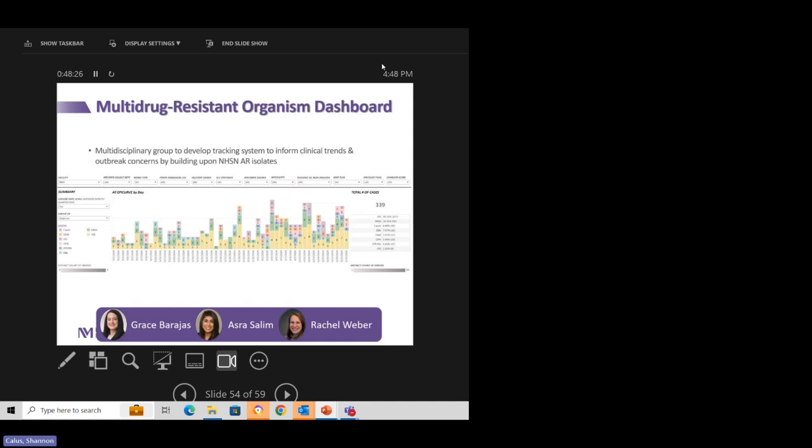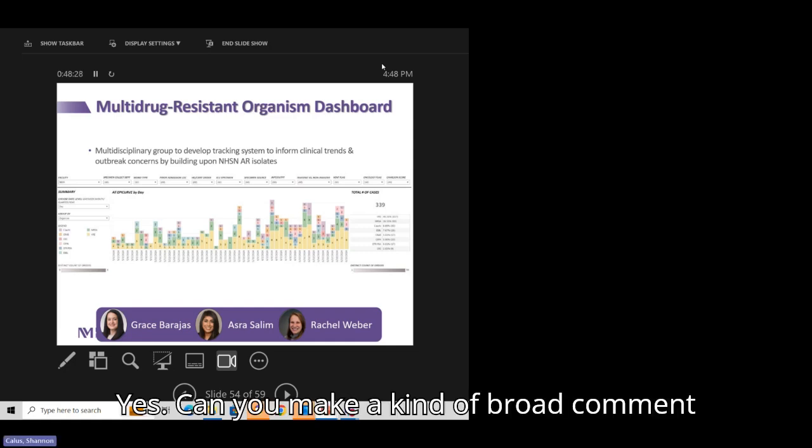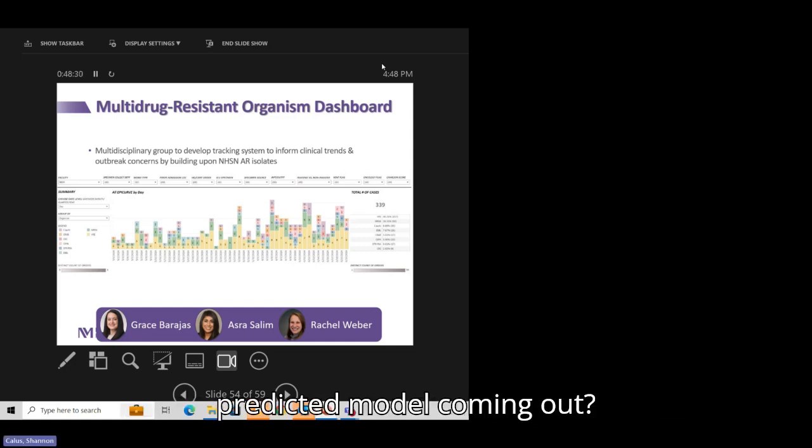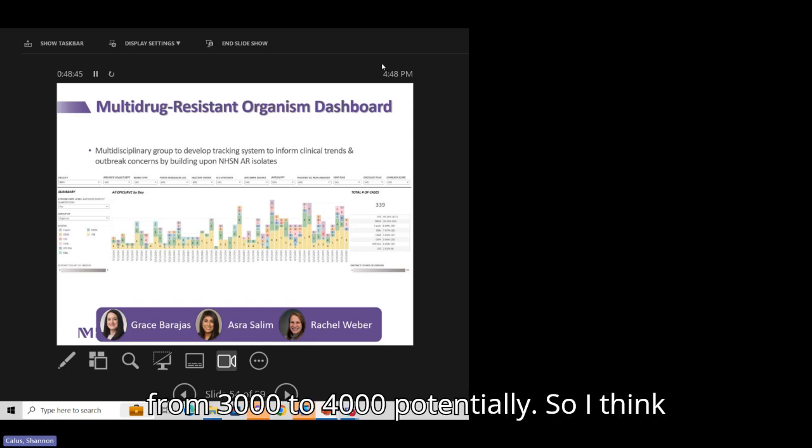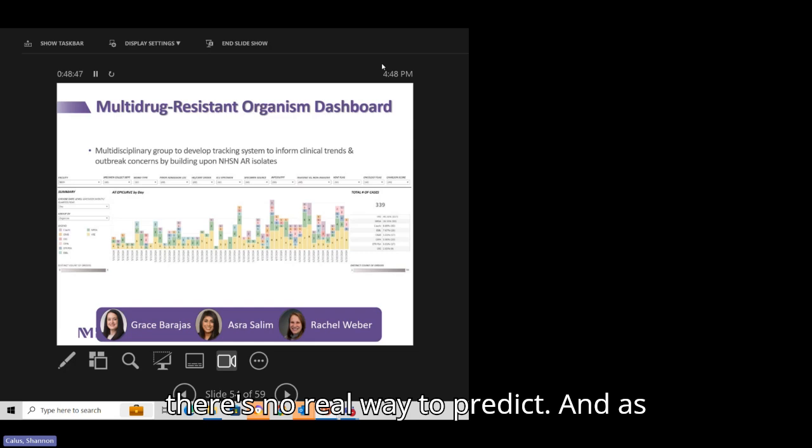Can you make a broad comment about what's going to change with the new predictive model coming out? I would have, until I heard that there may be an additional 1,000 centers or locations added. So you're increasing it from 3,000 to 4,000 potentially. So I think there's no real way to predict. And as you saw, there are so many factors associated in that calculation.